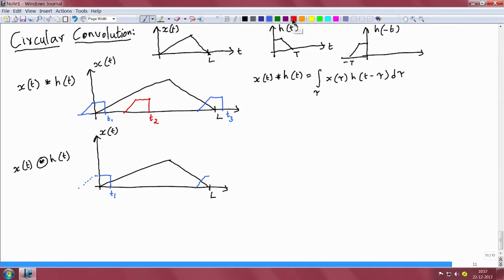So, if we are looking at a signal somewhere in the middle, it is not going to be different from the linear convolution. But let us say I look at another shift T3, like we have seen here. In order to avoid confusion I will just put this shifted version here.